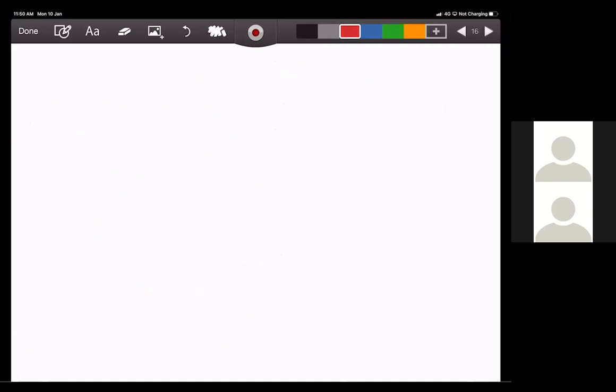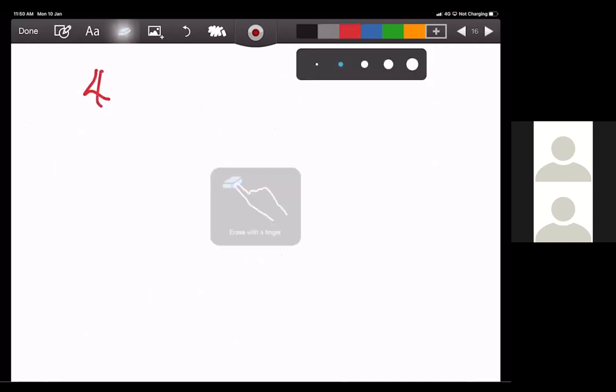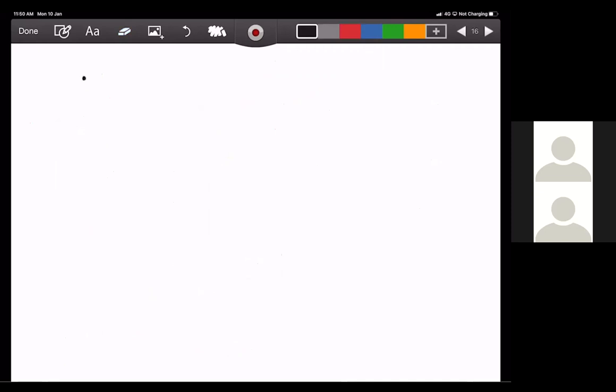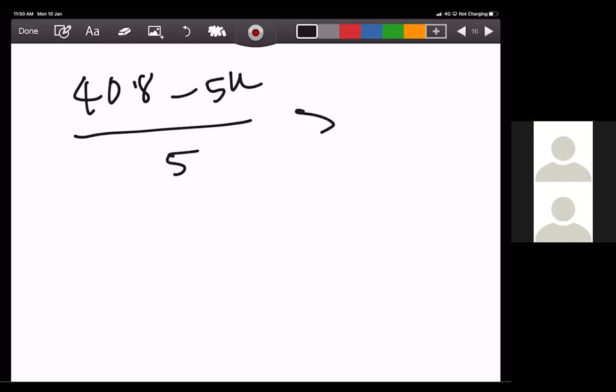So 40.8 minus 5K divided by 5 must be greater than 0.